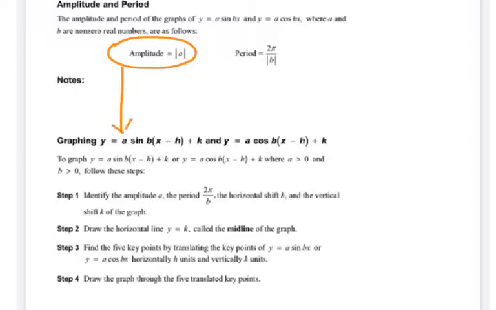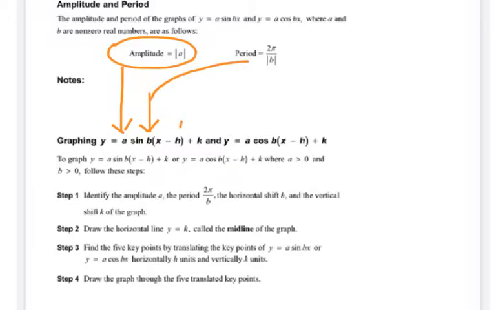So we call it A. B is going to affect how bouncy it is, how long or how short it's going to be. And so B is going to affect your period, which actually comes from here.